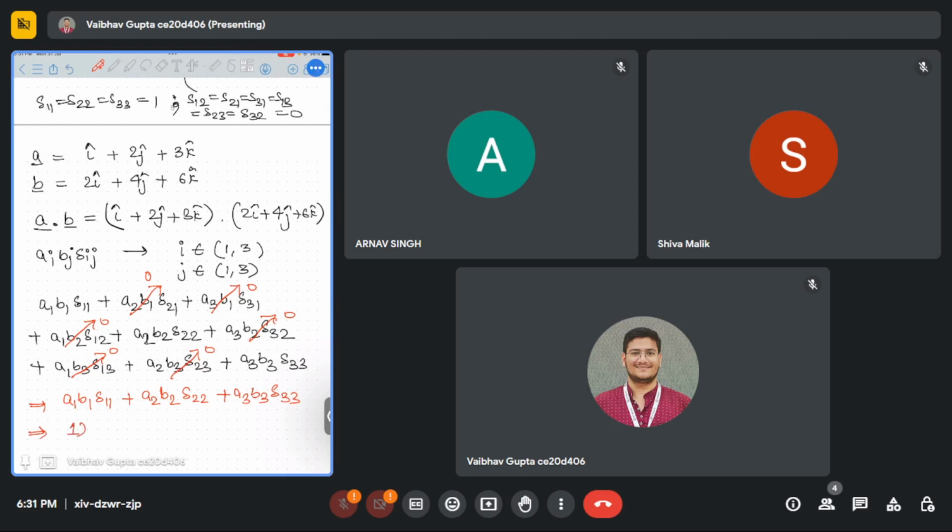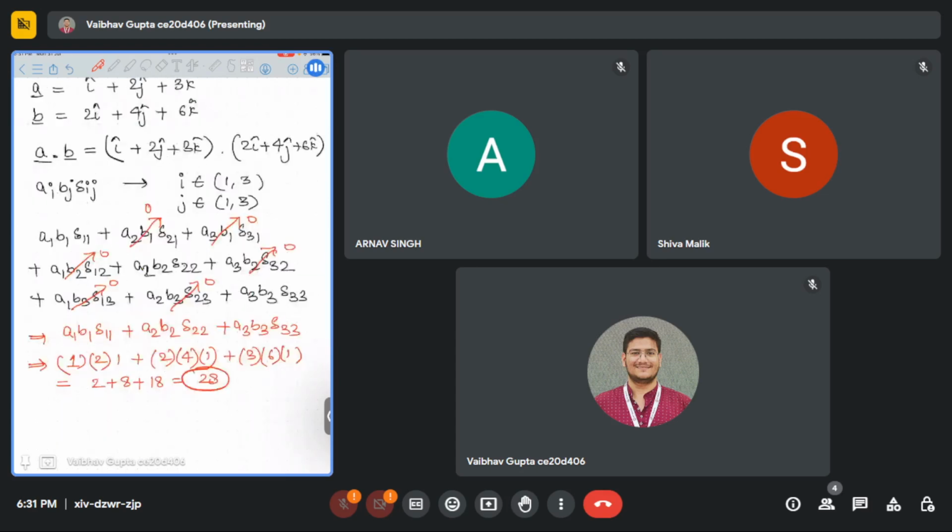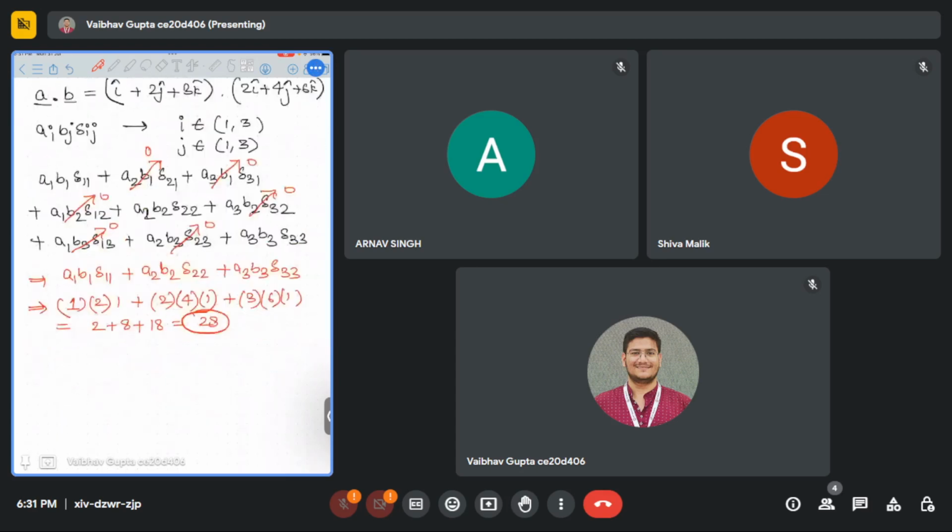A1 is 1, B1 is 2, delta 1 1 is 1. Plus A2 is 2, B2 is 4, delta 2 2 is 1. A3 is 3, B3 is 6, delta 3 3 is 1. This is nothing but 2 plus 8 plus 18, which is 28. So this is the answer.